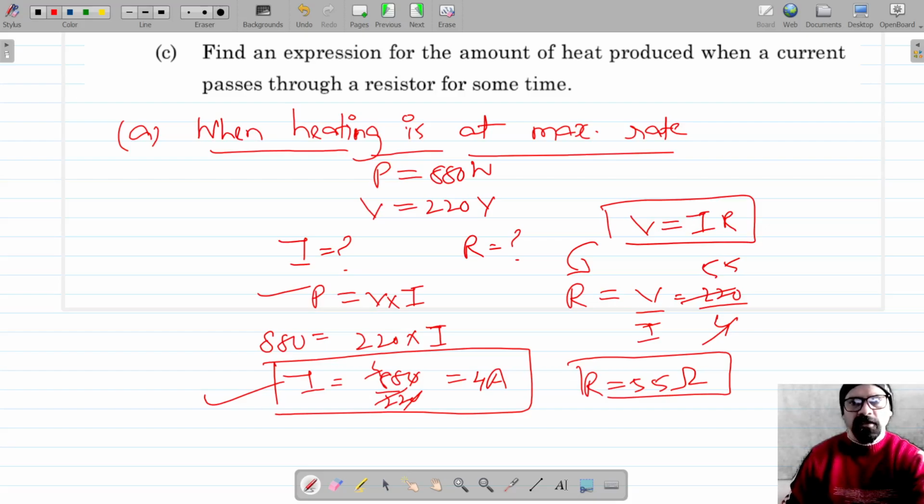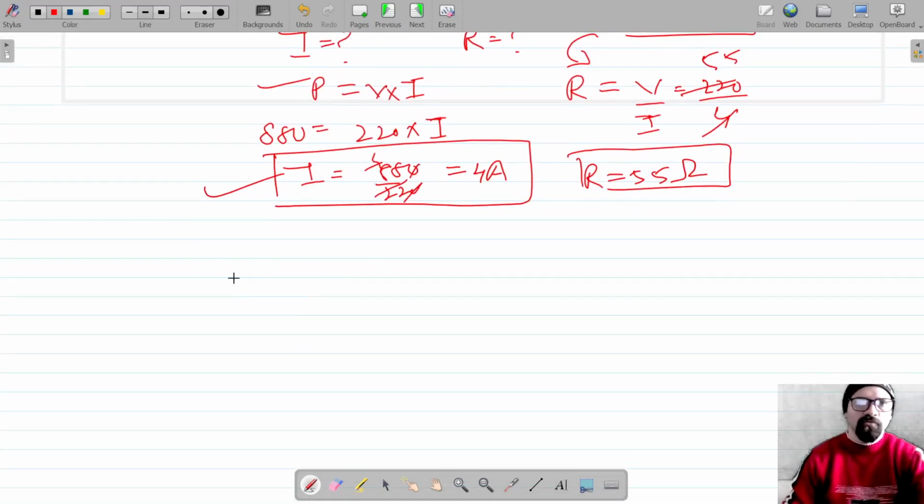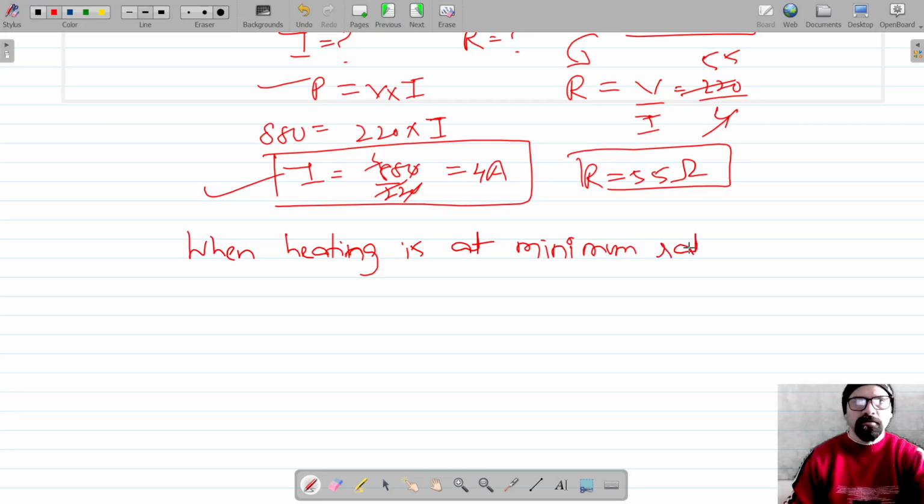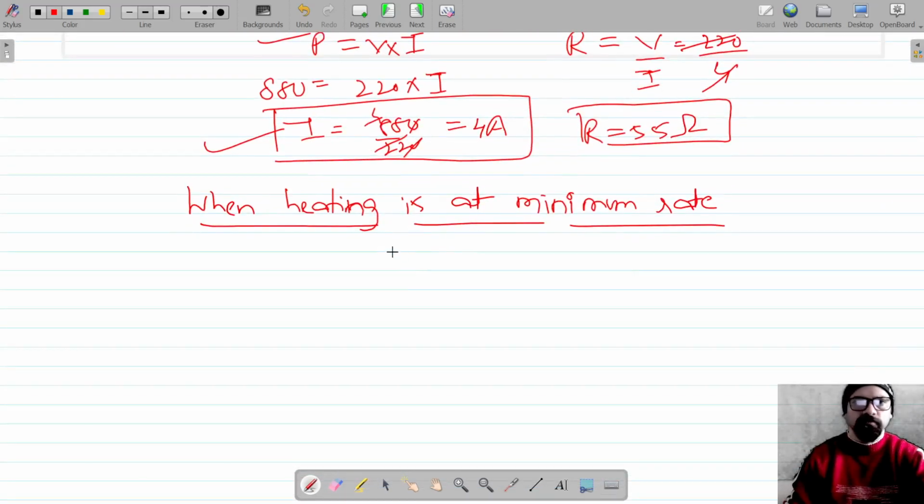Now let's find out when heating is at minimum rate. What is the power?